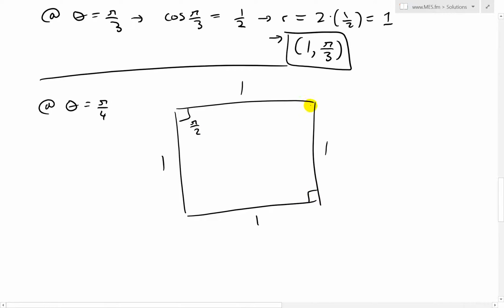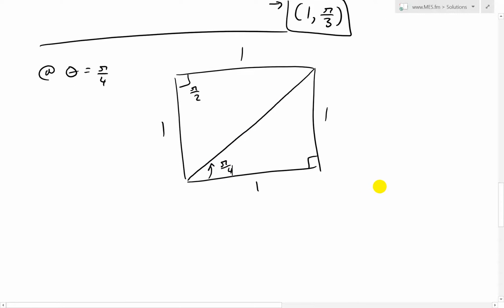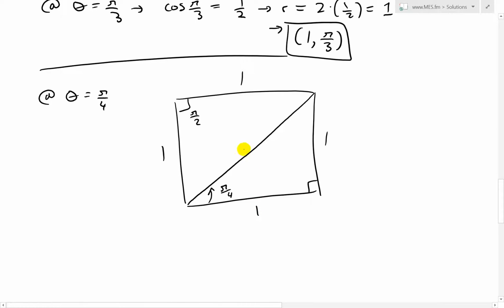Now all the angles are going to be pi over 2. So if we split this up like that, this is going to be pi over 4. So we split this angle in half. Here I just filled in the line, making it a solid line. So when we have that, now using Pythagoras, this is 1 squared plus 1 squared, that's just going to be 2. So then this point is square root 2.